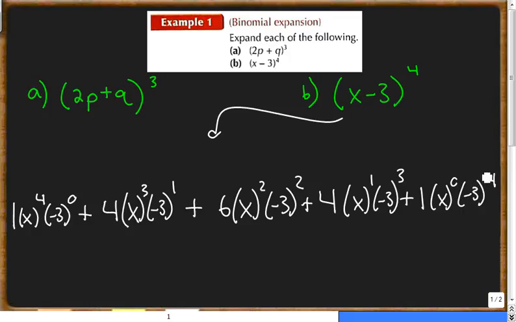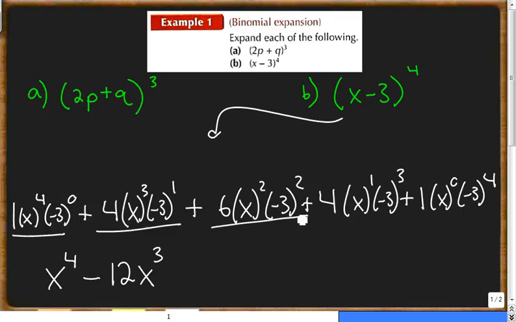So now we've used our pattern to help figure out how it builds, and now we multiply to get the final answer. Right here, this is going to make x to the fourth. Now we have 4x cubed times negative 3, so this is going to be minus 12x cubed.